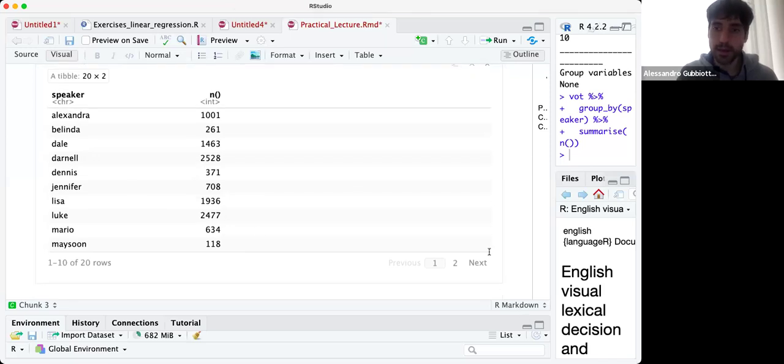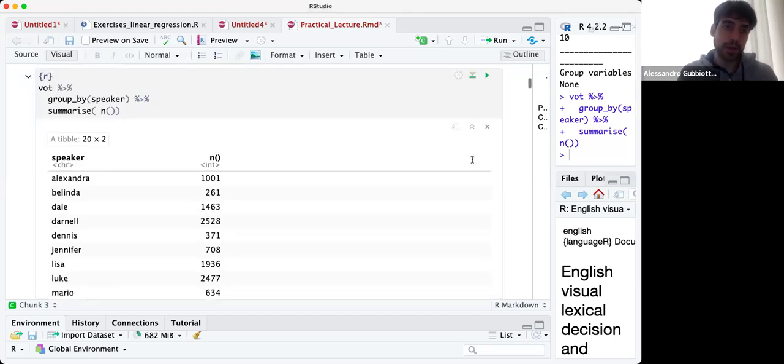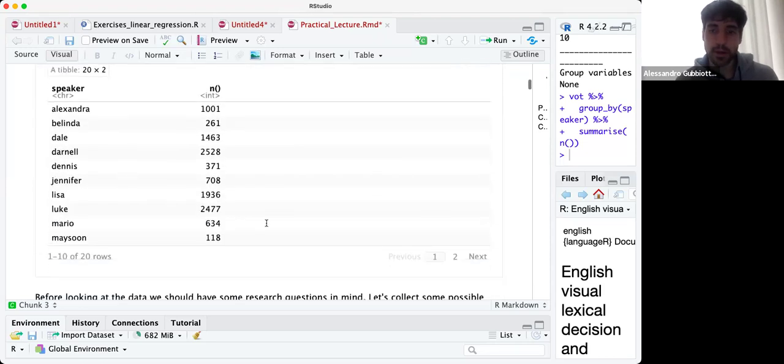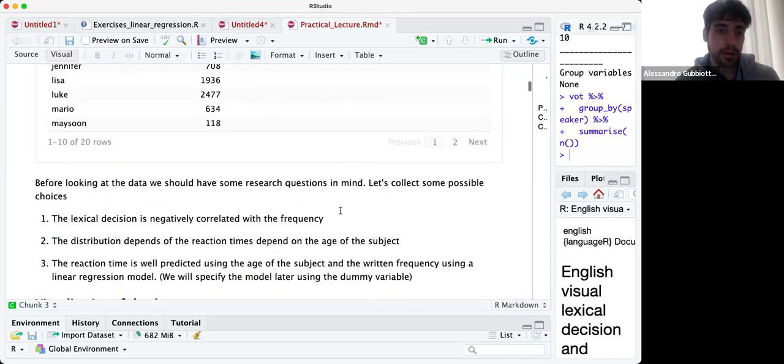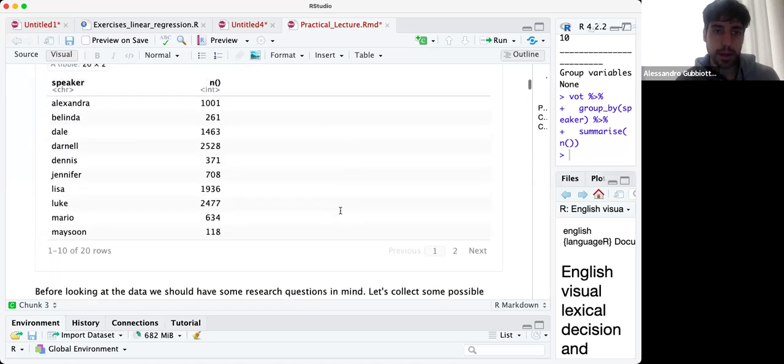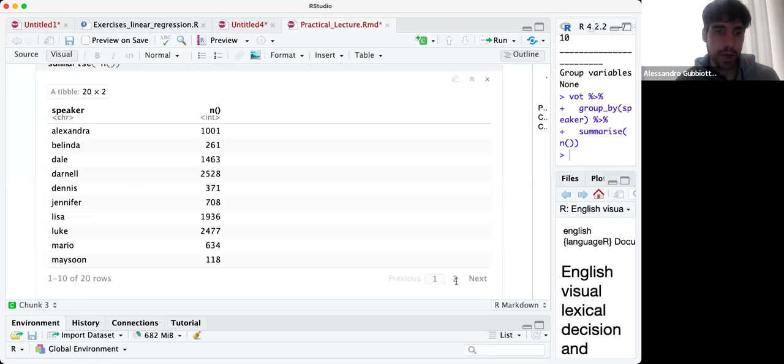We want to have the data as independent as possible, so we throw away the rest and take only one person. We take the speaker with the most observations because we have more data. So, Mitchell.